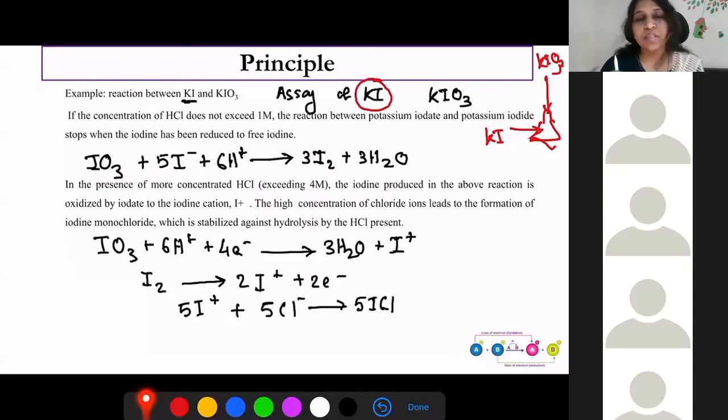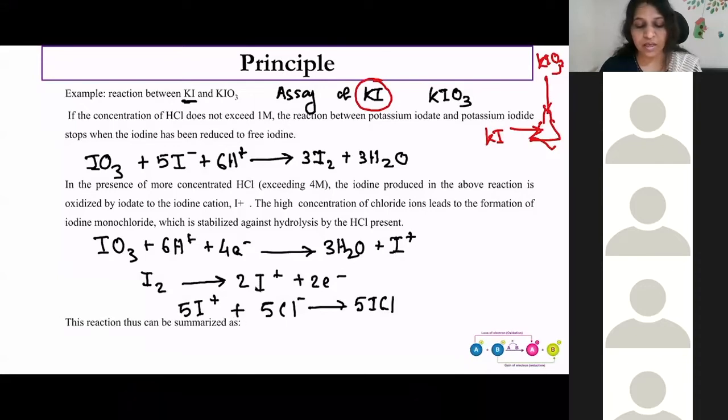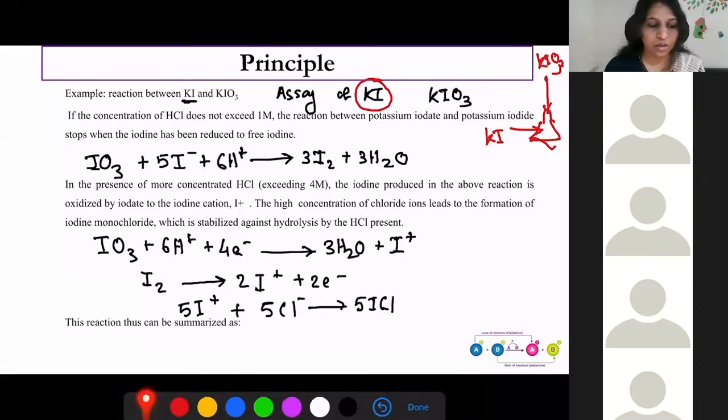Okay. So these reactions are extremely important if you are explaining the principle of iodate titration. That is the reason for iodate to behave as a strong oxidizing agent, you need to provide an extremely strong acidic condition. So whenever you want to summarize this reaction, I can summarize it as follows.